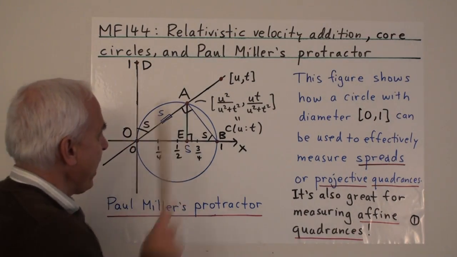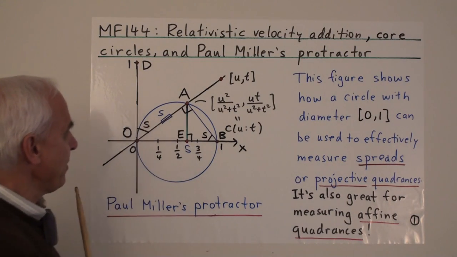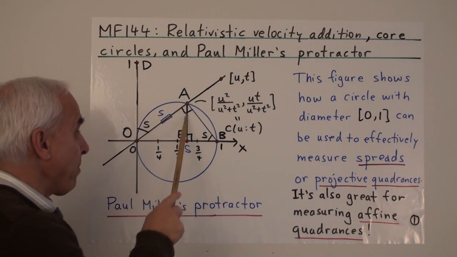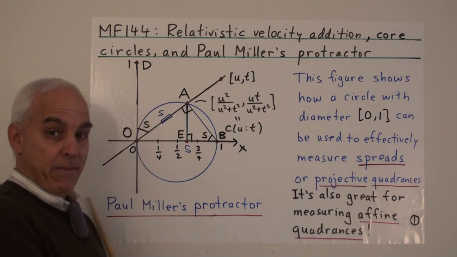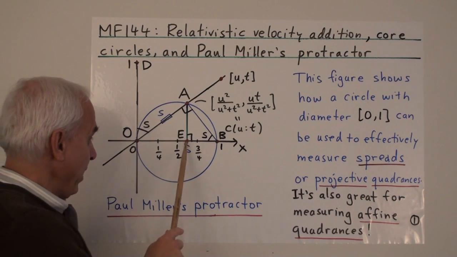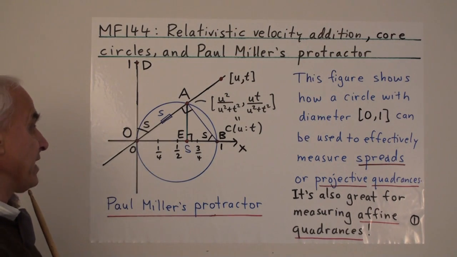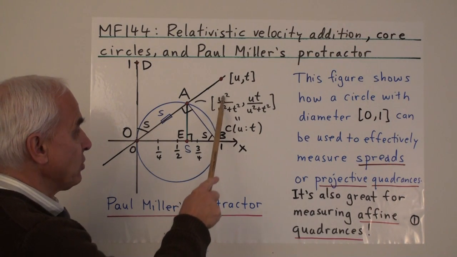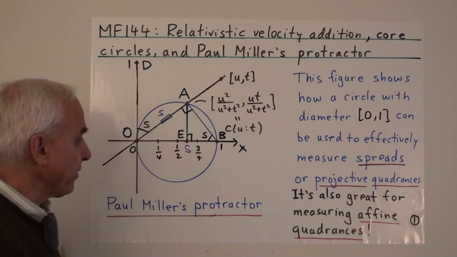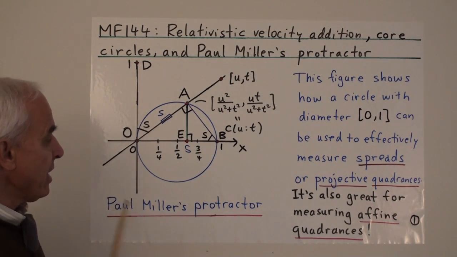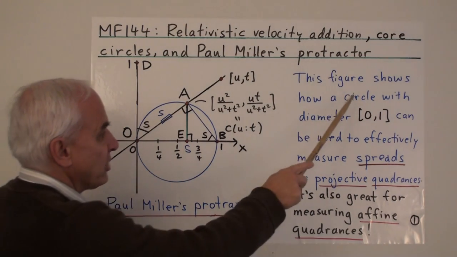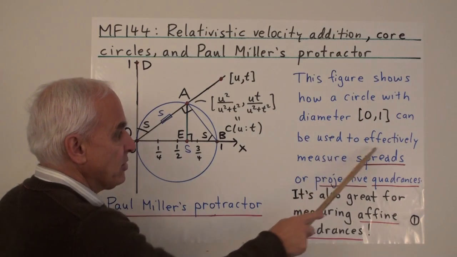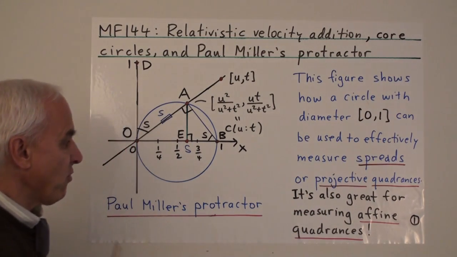All right, so we have this point A here, just on the core circle, and we could, say, drop a perpendicular down to our diameter. And then we would get a point on the x-axis there, whose coordinate is, of course, just this x-coordinate here, u squared over u squared plus t squared. So this diagram shows how a circle with diameter 0, 1 can be used to effectively measure spreads or projective quadrances.